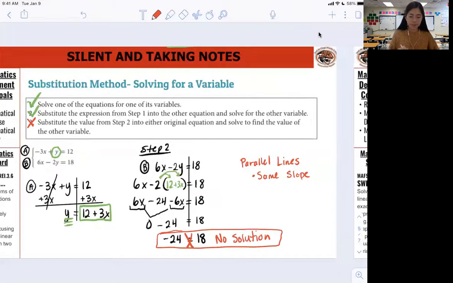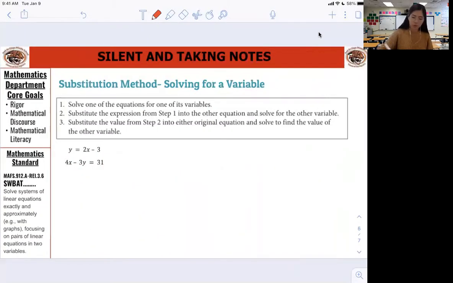All right. Now we're on to example E. I think this is E. Example E is actually pretty similar to example B, I think it was, because in this example, see if you can notice before I write it down, one of these two equations already has a variable that is isolated.